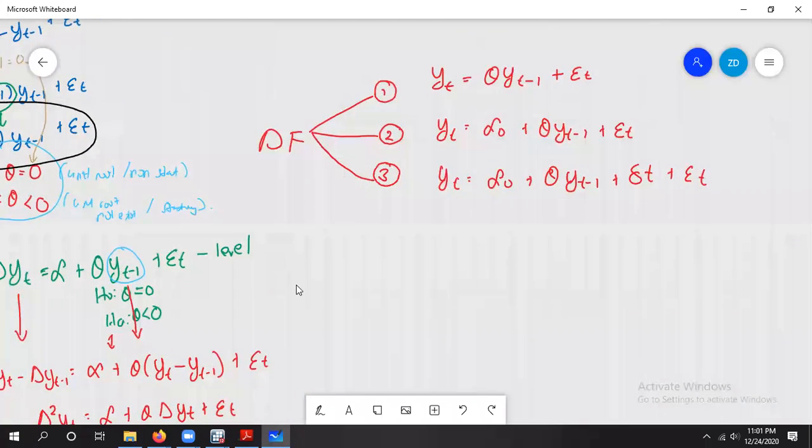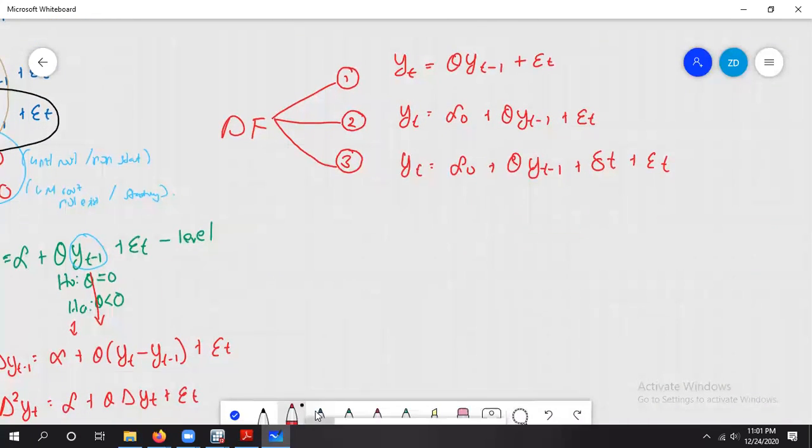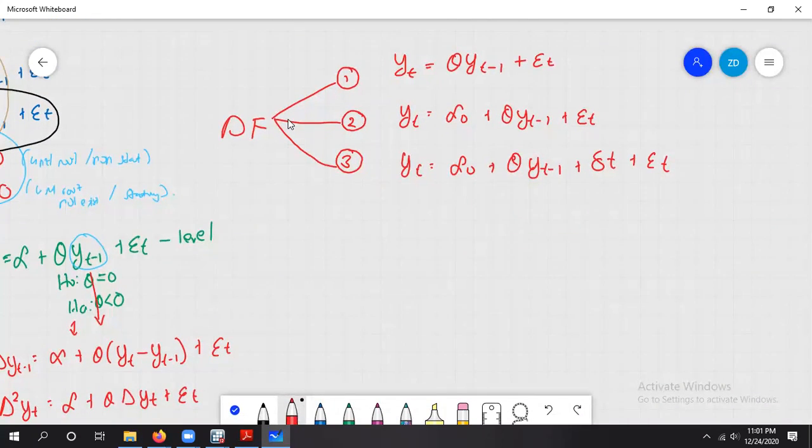For this test, we can apply the t-test without problem if we assume that the error is not correlated. If the error is not correlated, of course there is no problem about this test.